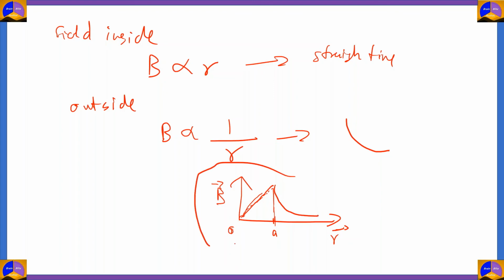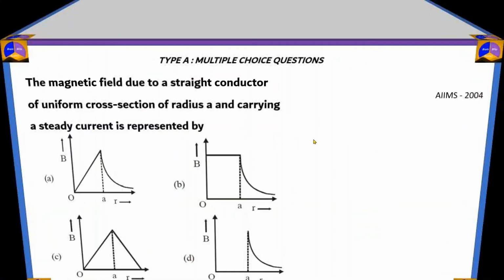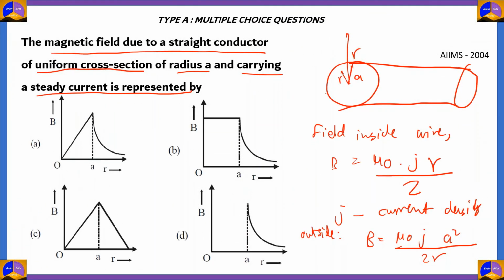So this is the condition of the graph in this situation. And the graph here that shows you the correct representation is graph A.